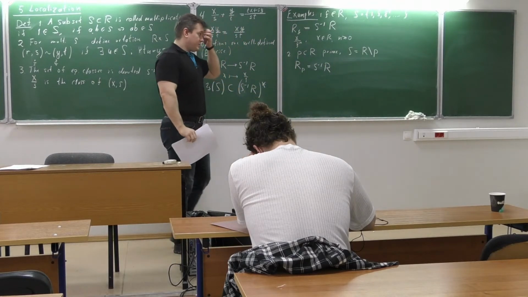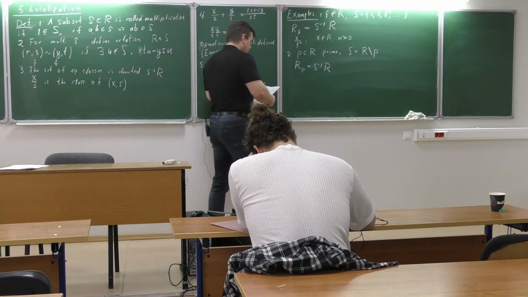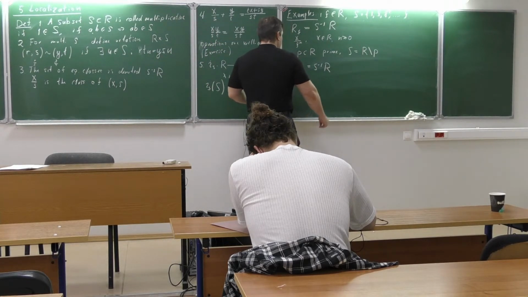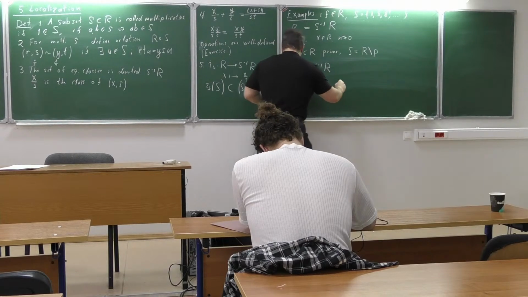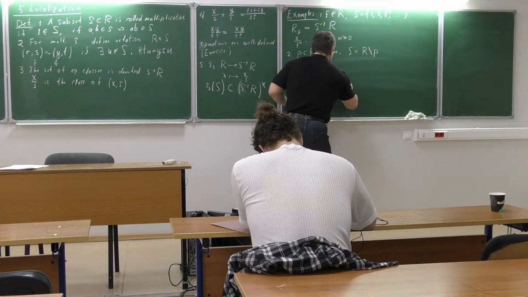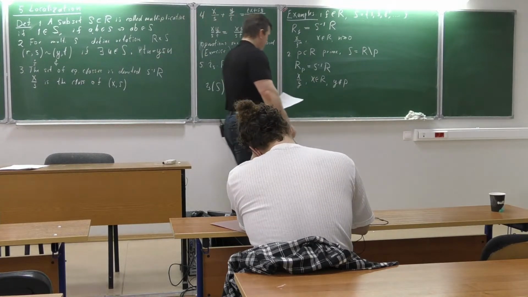So for this specific multiplicative set, there is a special notation. Of course, fractions here look like x over y, where x is in R, but y is not in the prime ideal P. So that's again a general element in this localization.